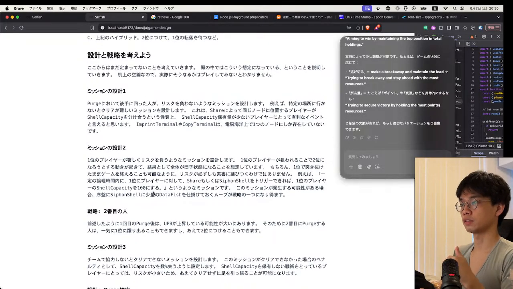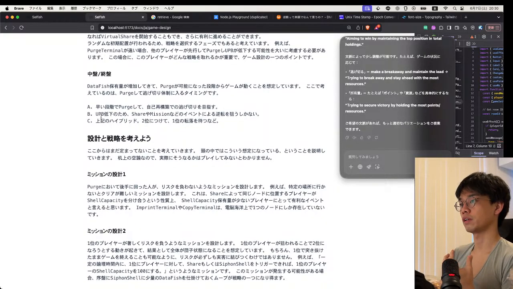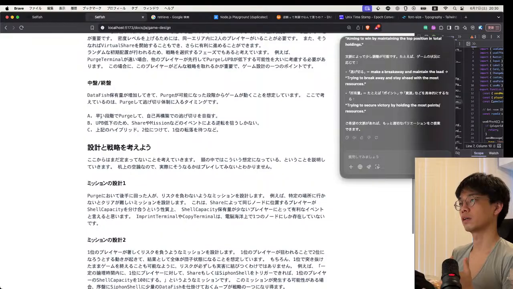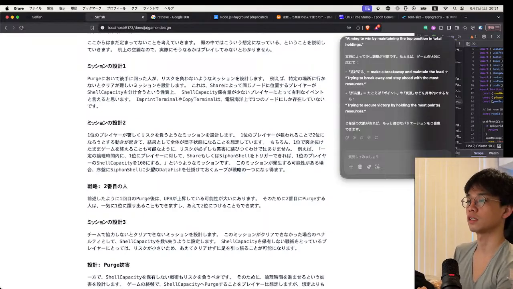So I think this is good. For the pattern B player, this gives the player one of the strategies. So I think I like this mission idea.